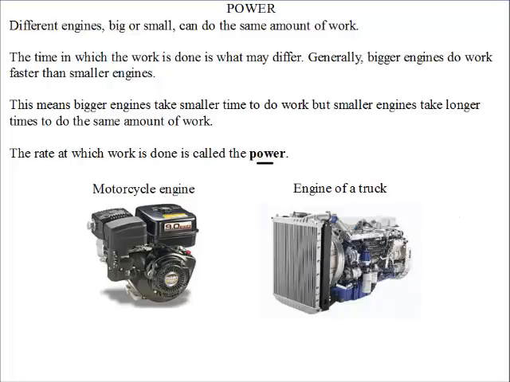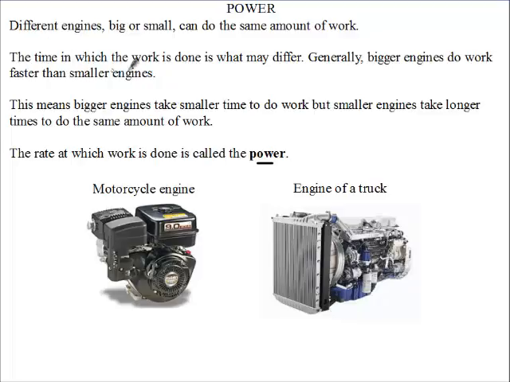A truck can lift huge containers. The same applies to motorcycles. A motorcycle can pull a huge container, but the time in which it can cover that distance will differ immensely from the time in which this can also pull the container, and that is what we call power.